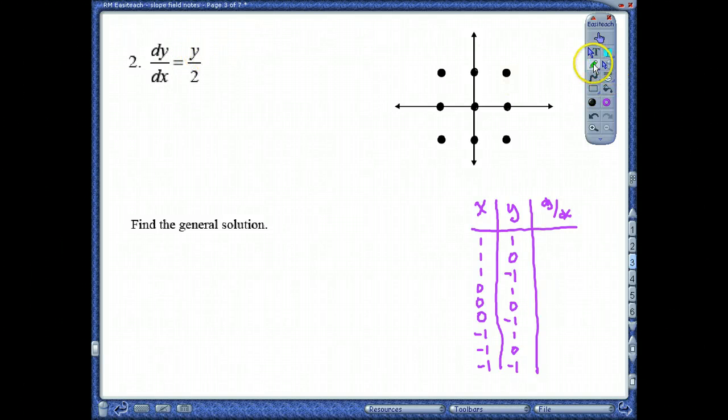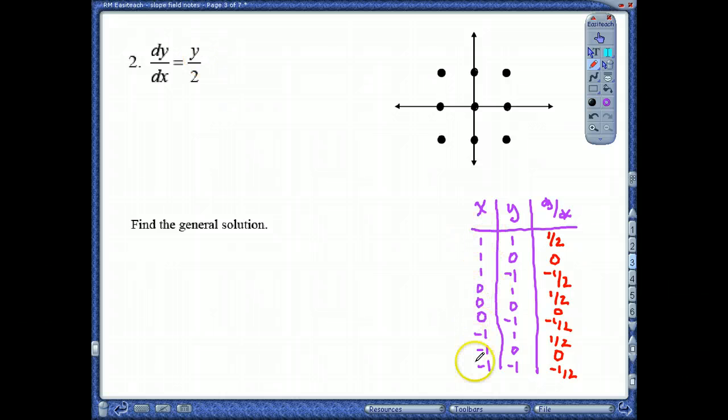So when I plug this into my differential equation, I'm going to have my y coordinate divided by 2. So that's going to be 1/2, 0, negative 1/2, positive 1/2, 0, negative 1/2, 1/2, 0, and negative 1/2.